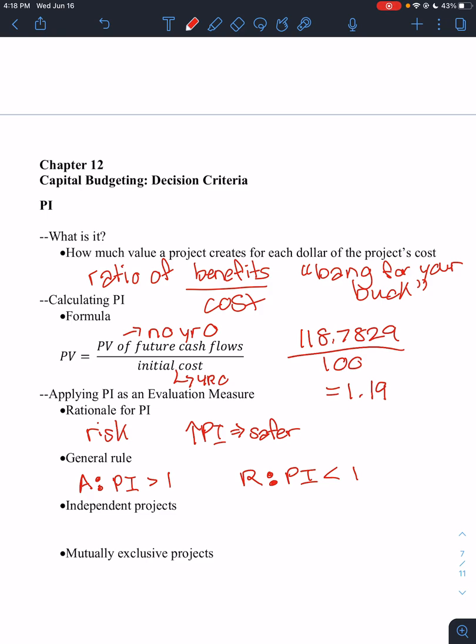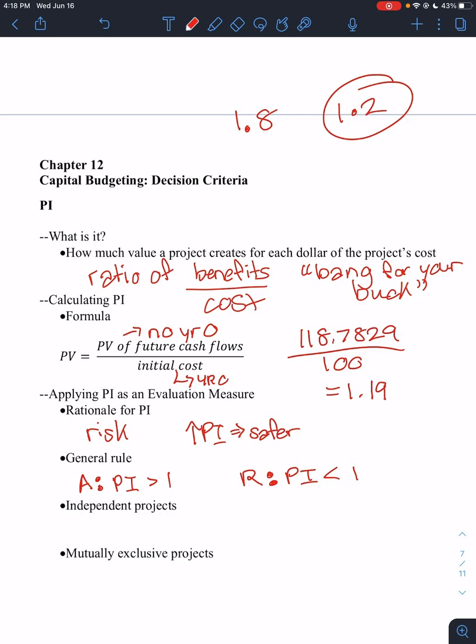But the closer I get to 1, the closer I get to a project that shouldn't be accepted. So if I have 2 projects and everything else is the same, let's say one is at 1.8 and one is at 1.2, I'm like, the 1.2 is scary, right? 1.8 has a lot more cushion for things to go wrong before it turns bad. 1.2, not so much.